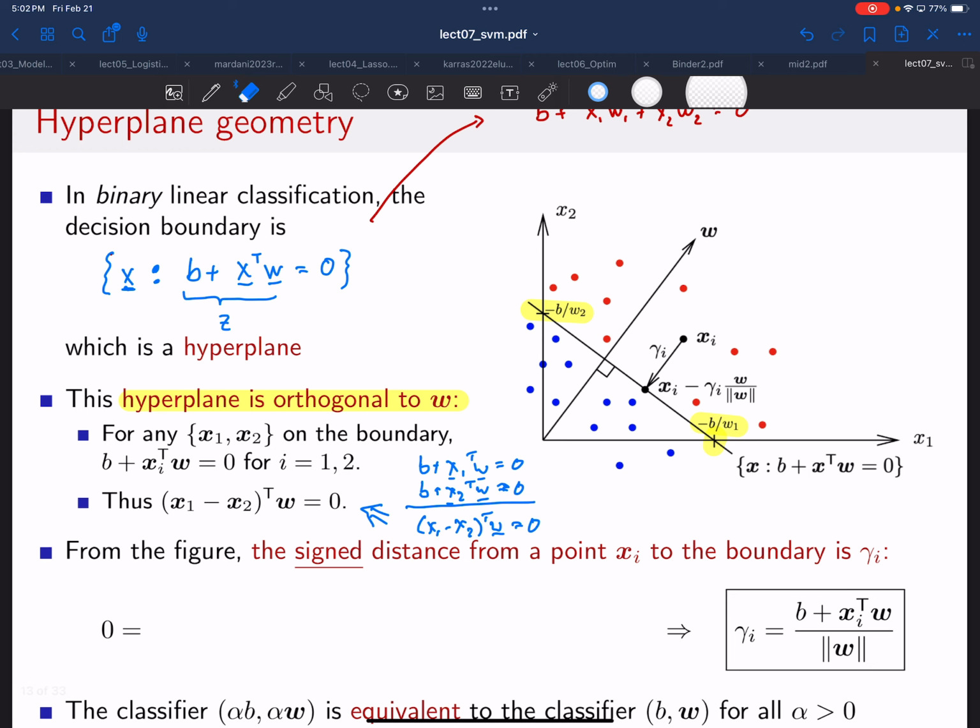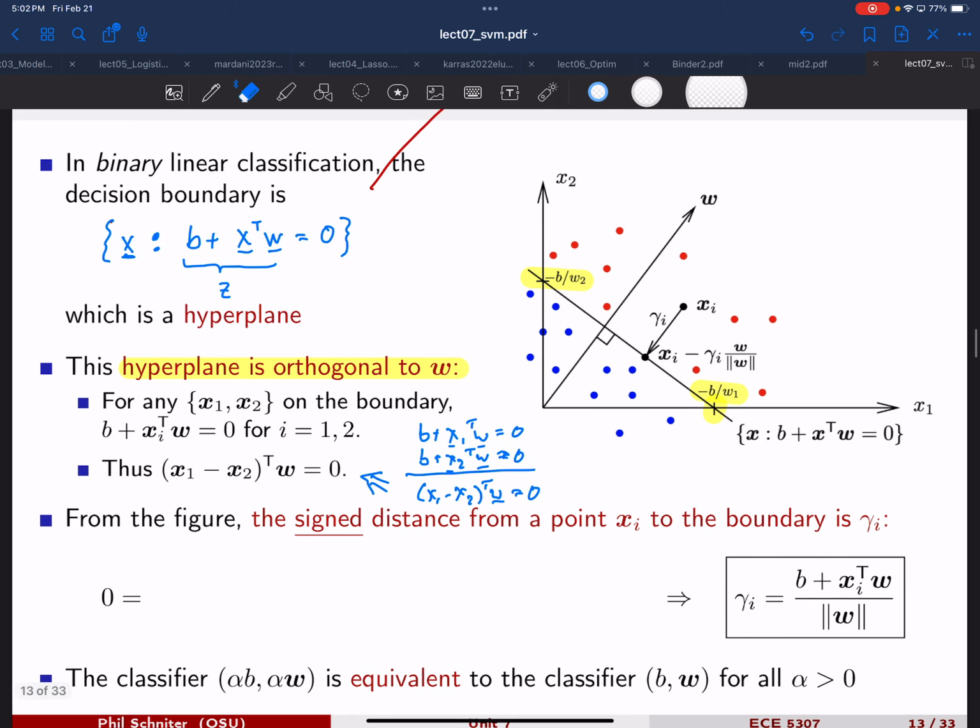And I think the last thing to look at is if we ask the question, how far away is a point from the boundary? That's important, as we said, because if a point is very far from the boundary, that's an easy point to classify. Whereas if a point is close to the boundary, that's more difficult to classify because it's closer to where we just don't really know what's happening.